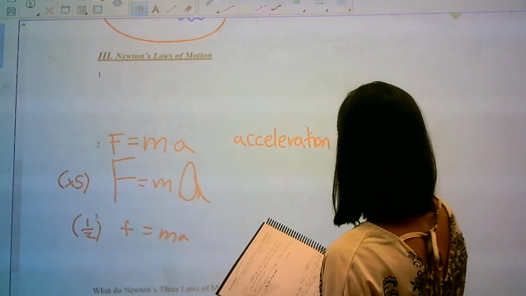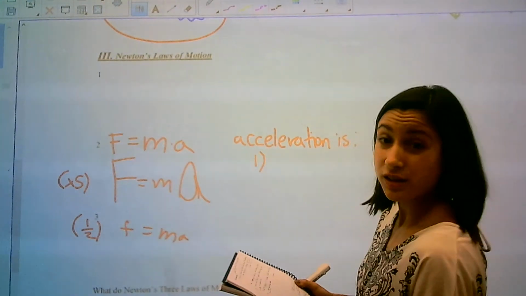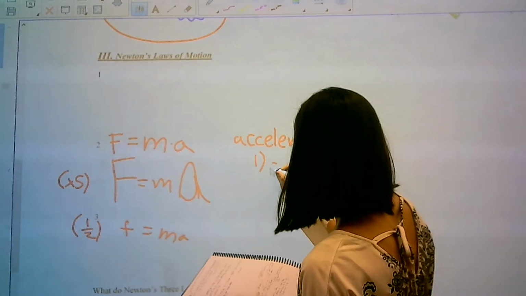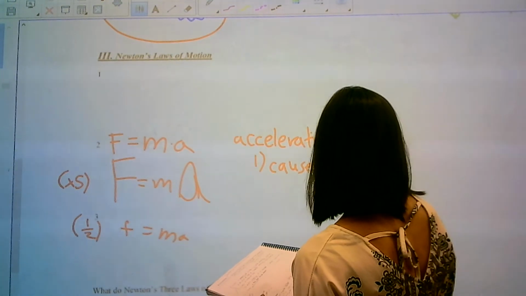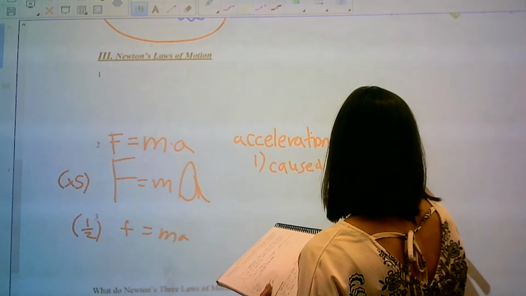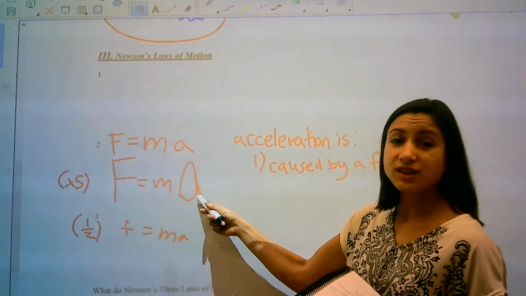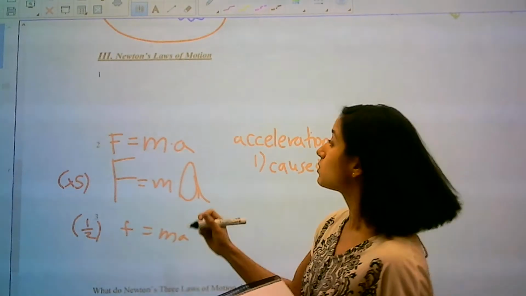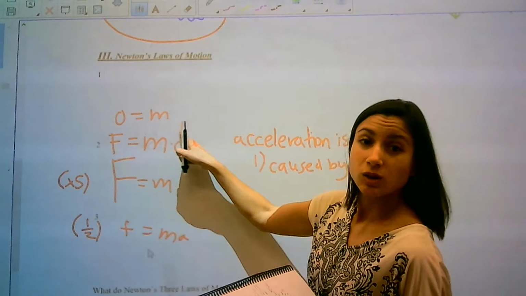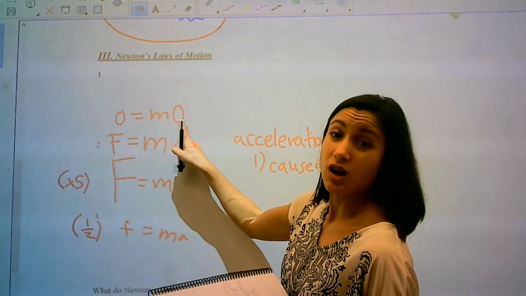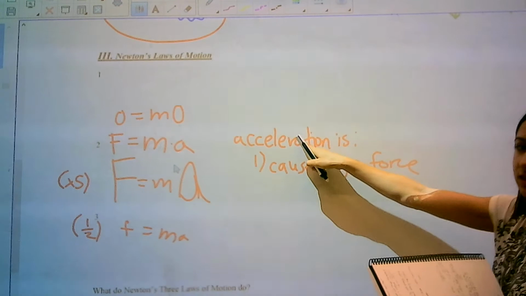So acceleration is caused by a force. You can see it in this equation. You need a force to have an acceleration. If force equals 0, you still have a mass, but acceleration has to be 0. So we must have a force in order to have acceleration.